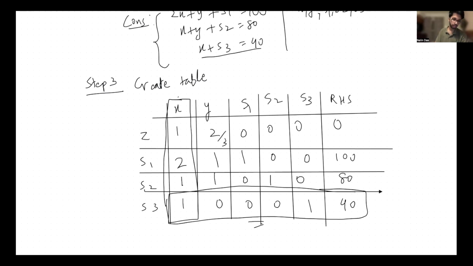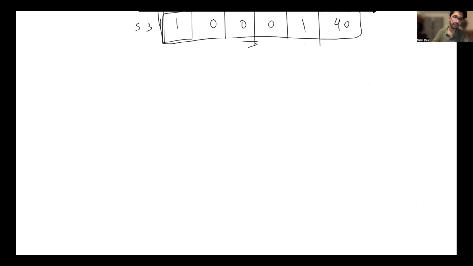This becomes all zeros. So after doing the pivot operation by dividing everything by the pivot row, finally what we get as the table is as follows.